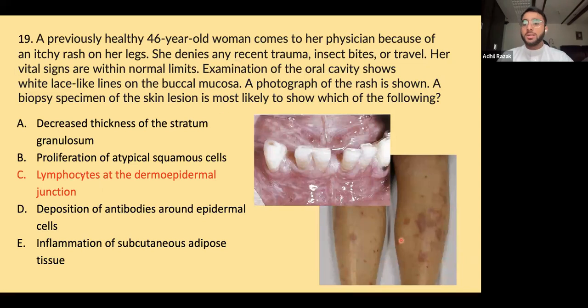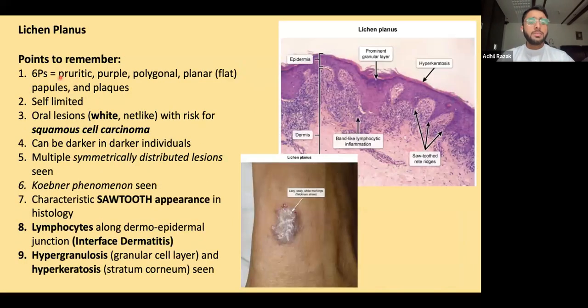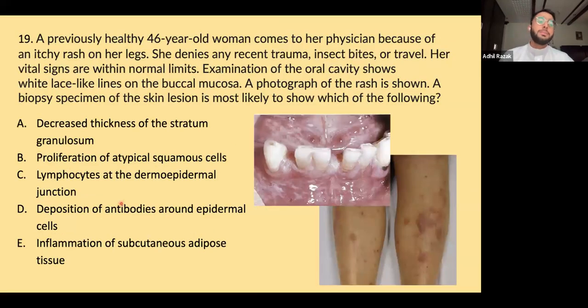It is itchy, pruritic, polygonal, all the P's. Let me go back to the list again. Pruritic, purple, dark reddish, planar, flat, papules, and plaques. It could develop into papules even if it's flat, but mostly it's flat. And also plaques. So this description plus lymphocytes between the dermis and the epidermis, it is lichen planus.